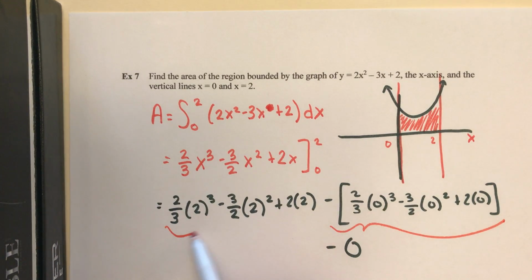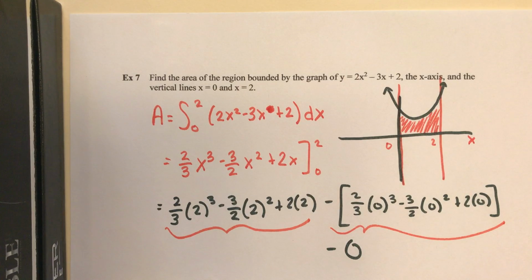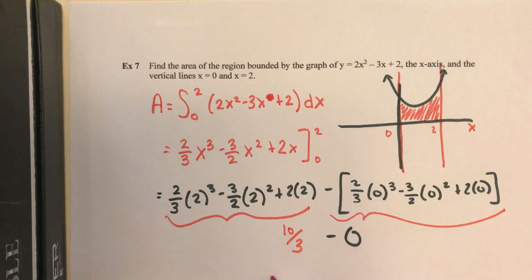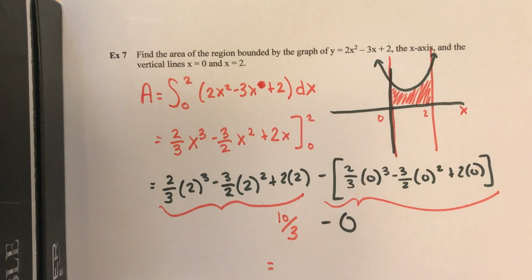So I just have to figure out this first number here. You can use your calculator to type it in. You might want to pause it and get that figured out and then check your answer here. But when you plug all that in, you get 16/3 minus 6 plus 4. So that's 10/3. 10/3 minus 0 is 10/3.